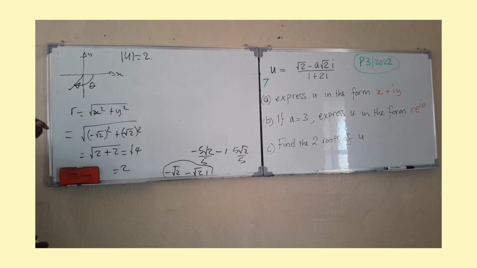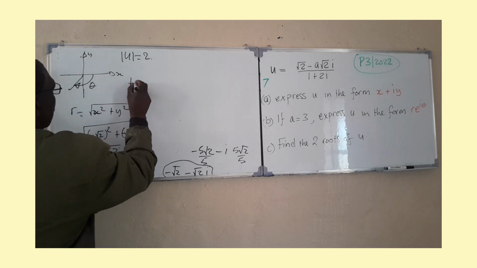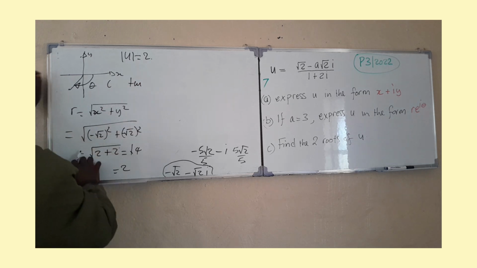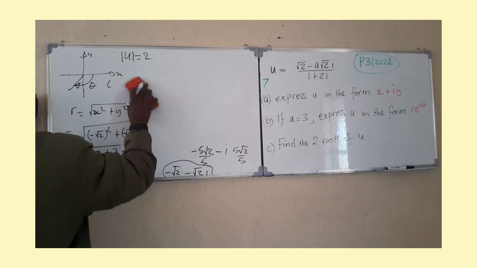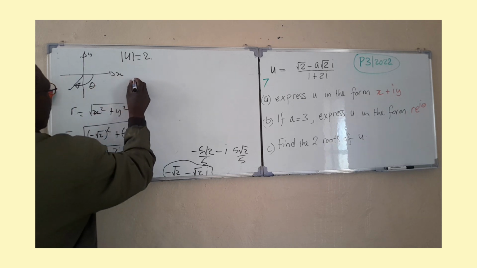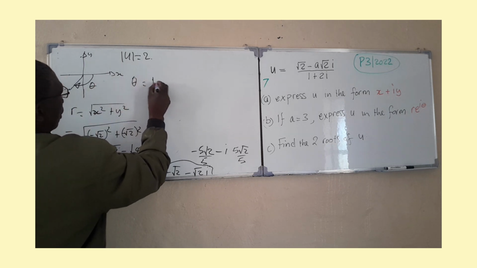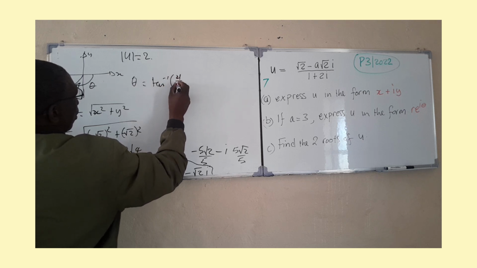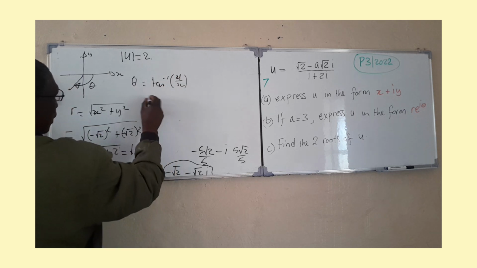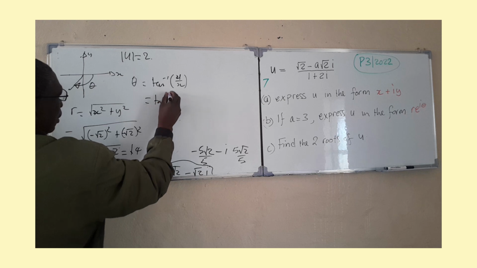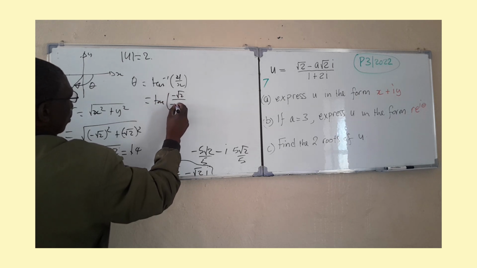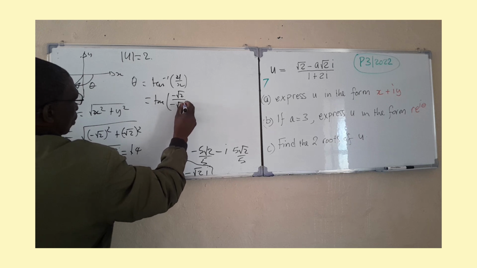Now, we know that tan of theta, I should have written tan theta first of all. We know that theta is equal to arctan of y over x, which in this case is arctan of bracket minus root of 2 divided by minus root of 2.